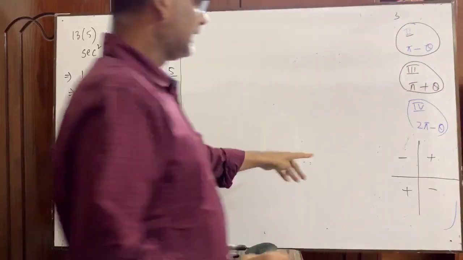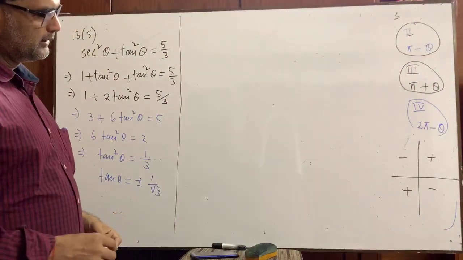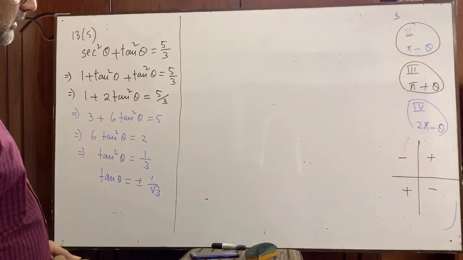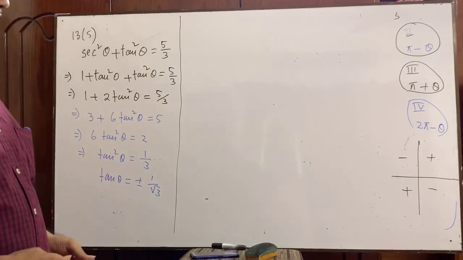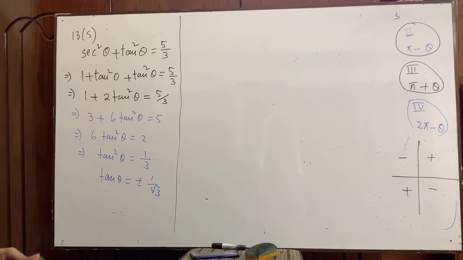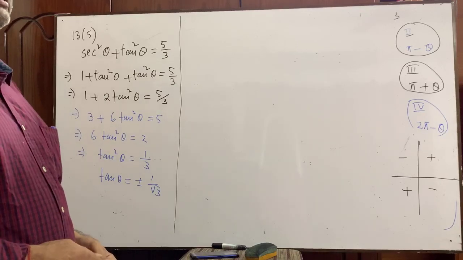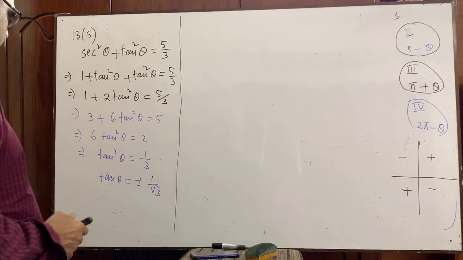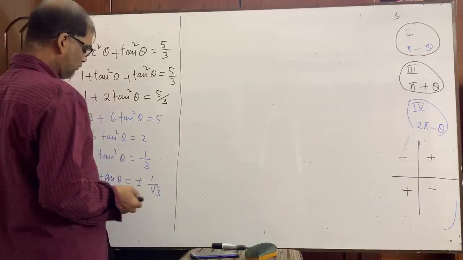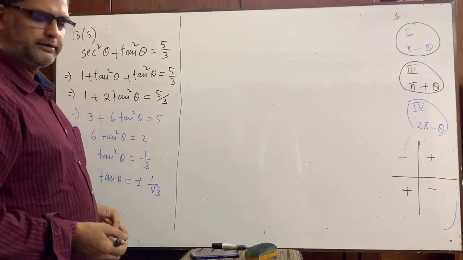I told you in question number 3 of 13 that tan theta is positive in the first and third quadrant, whereas it is negative in the second and fourth quadrant, right? I am going to find the value in the first quadrant.